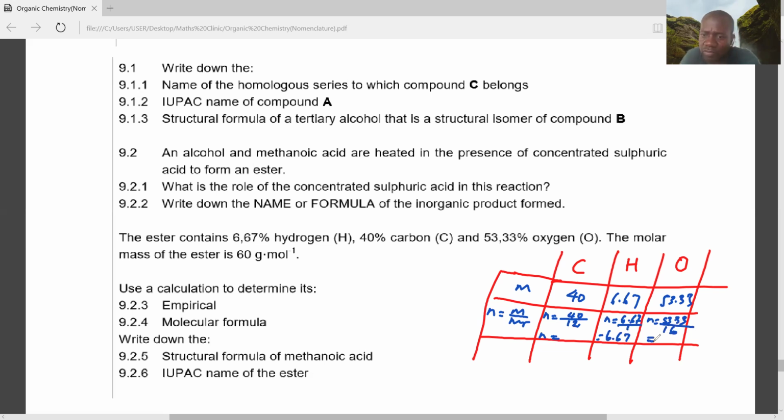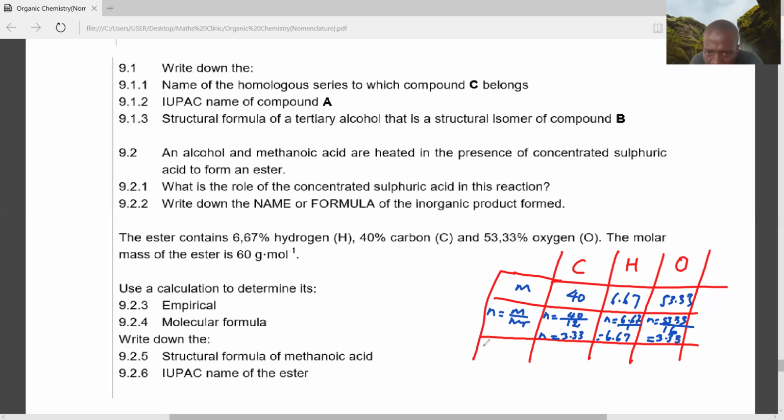I believe you guys are following. So 40 divided by 12 gives 3.33 moles, 6.67 divided by 1 gives 6.67, and 53.33 divided by 16 gives 3.33.